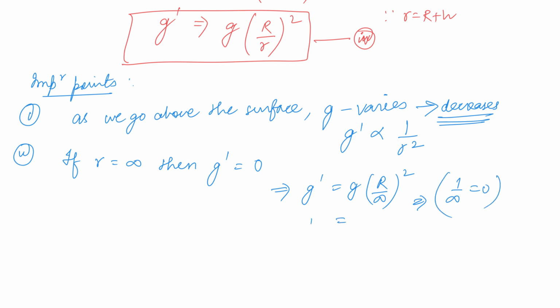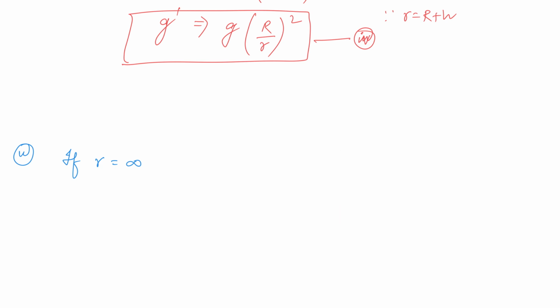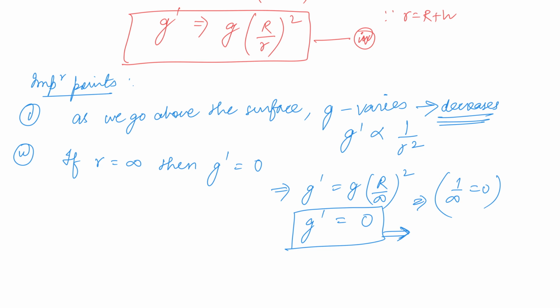So that's why g dash will be 0. What is the physical significance? This means that at the height up to which we have taken the value of small g, there is no influence of gravity, or the gravitational field of earth doesn't take place.